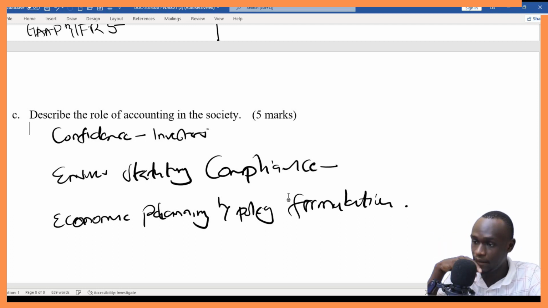The government relies on accounting data for economic planning and policy formulation, and also to assess the performance or the health of the economy by looking into the national income account and so on and so forth.